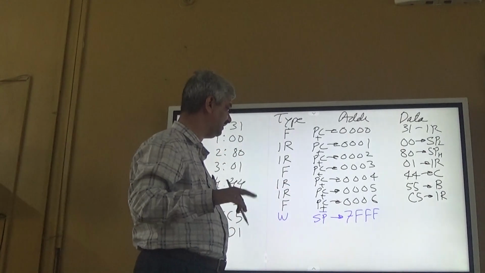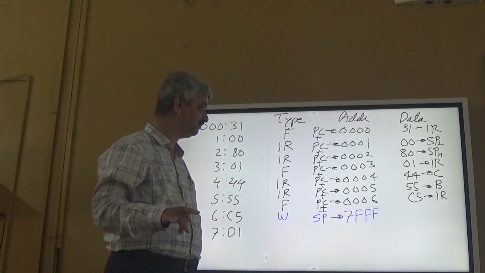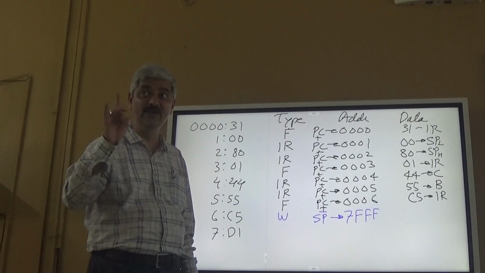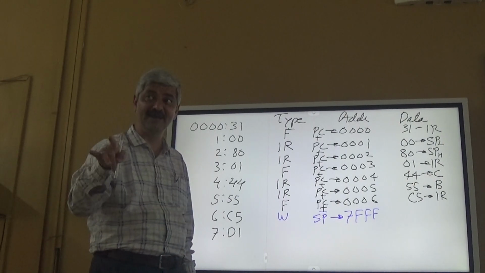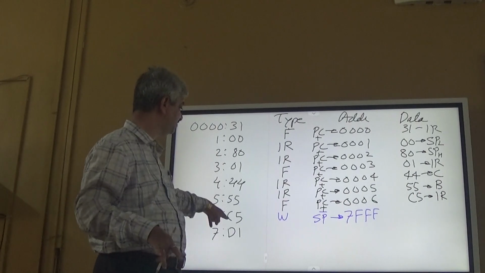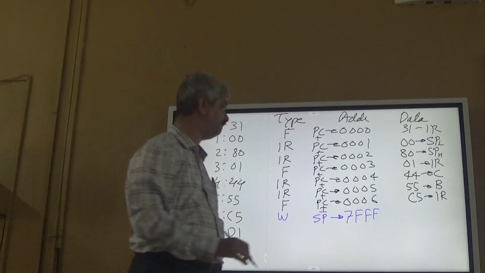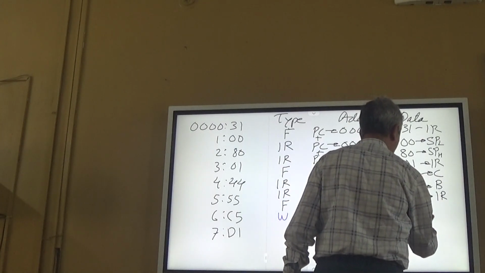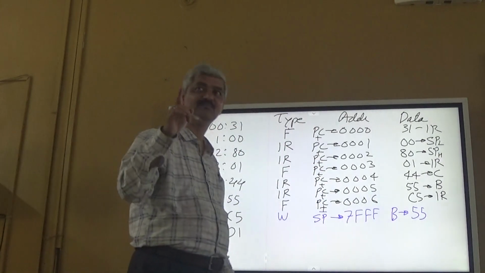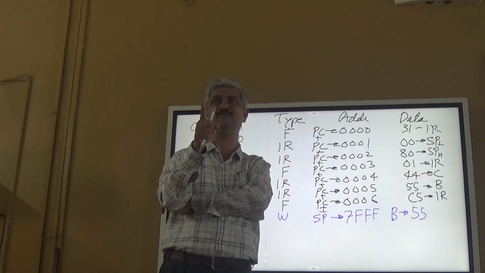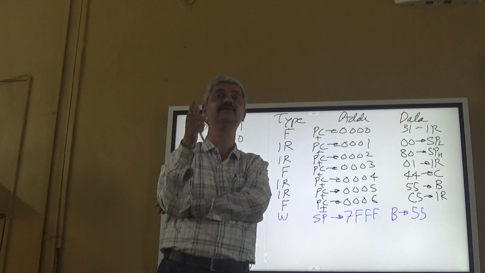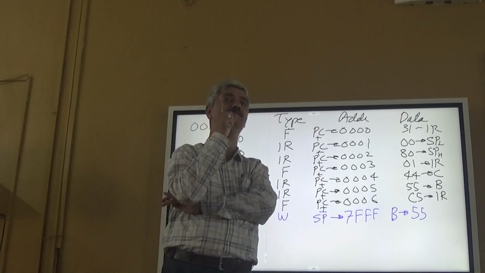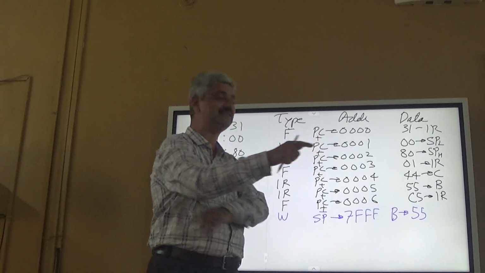The decremented stack pointer giving 7FFF, and what will be stored? Who will give the data? The higher byte of the register pair. What is it? C5, push B. So B will give 55. Is it right? So decrement stack pointer, 7FFF comes on the address lines, B which is 55 comes on the data lines, and a memory write cycle.